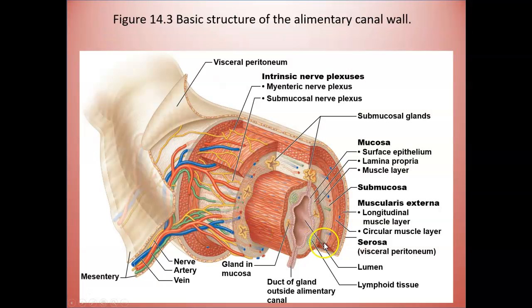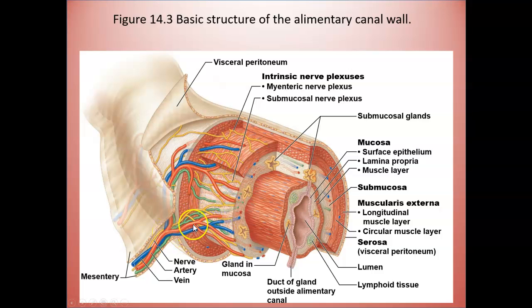And here's another view of that same thing. The lumen here, and then the mucosa, which is the surface right here, and then the submucosa, which is this layer right through there, and then the muscularis, which are those two layers there. And here you can see the serosa layer on the outside. And then you can see all this vascularization.